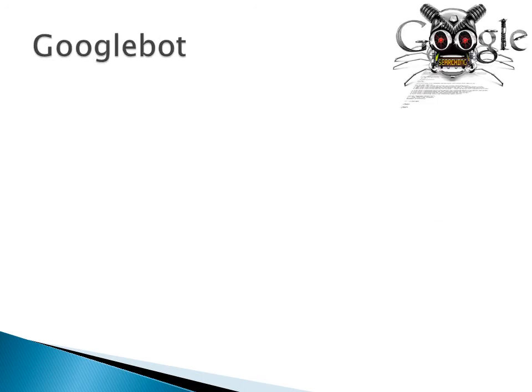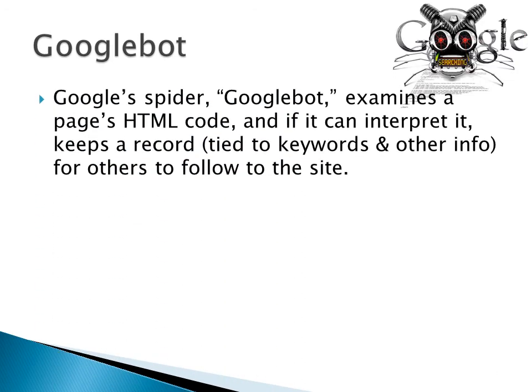Google calls its spider Googlebot. And what Googlebot does is examine a web page's HTML code, and if it can interpret it, it keeps a record that's tied to keywords and other information for others to follow to the website.